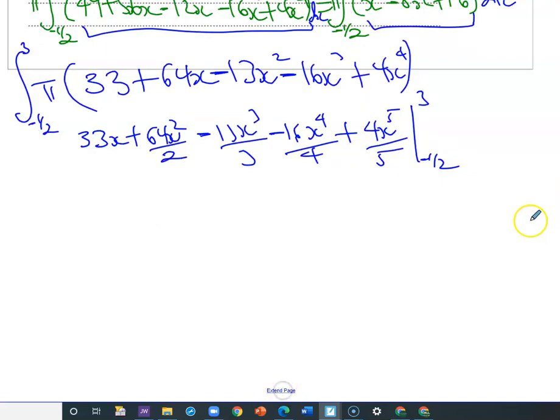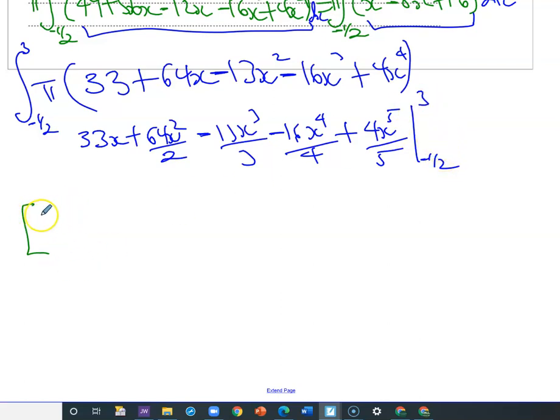Now I will encourage you to take your time and substitute the limits separately. For this mark to be obtained in the exam, we want to see that you have indicated that you know the limits have to be substituted in the right order.